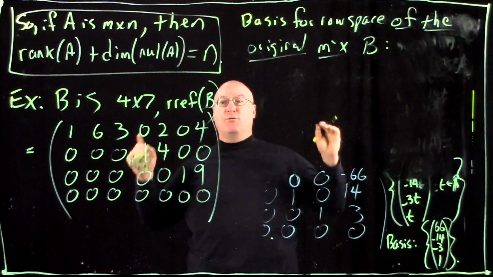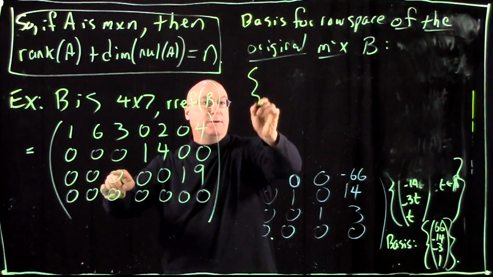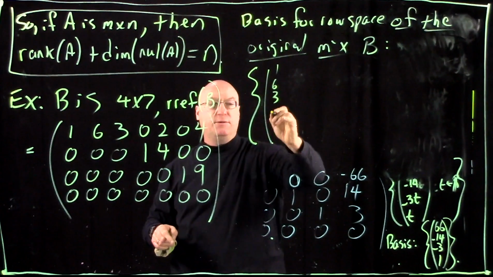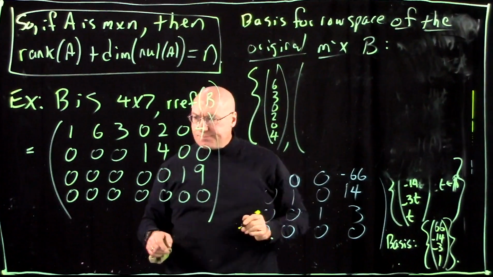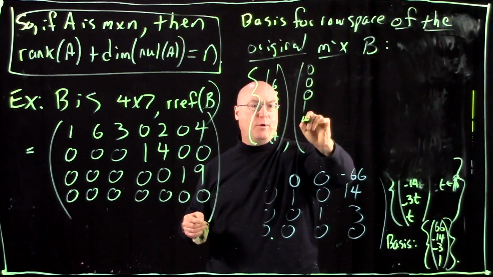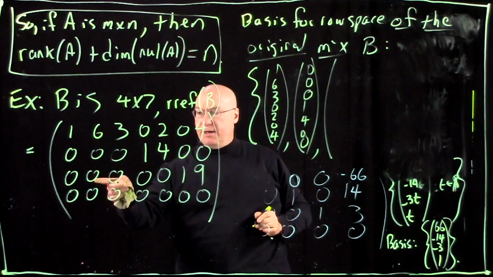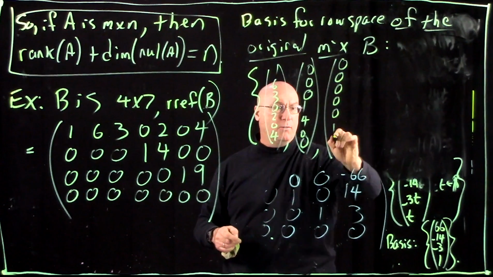And my basis for the row space is, look, the non-zero rows right here. So it's 1 6 3 0 2 0 4, 0 0 0 1 4 0 0, and 5 zeros, and a 1 and a 9.